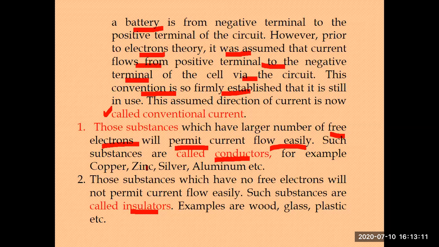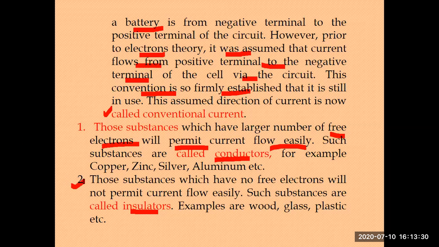Basically, conductors are substances with free electrons, and when we connect such a substance to a battery or energy source, the charges start flowing from one end to the other.